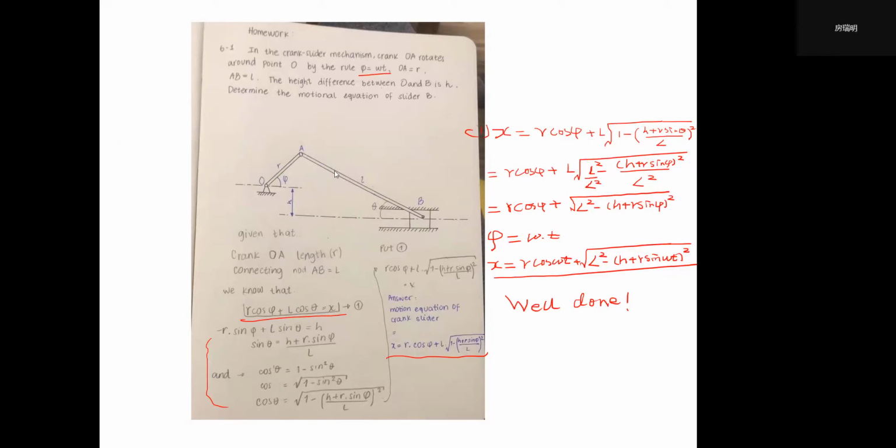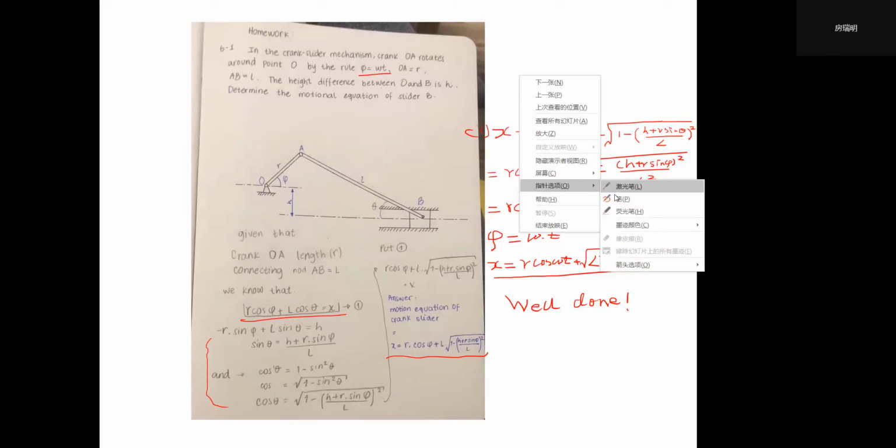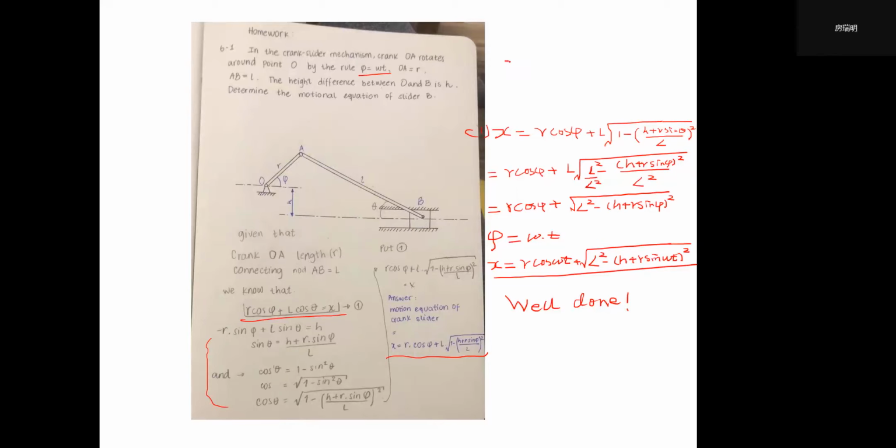But I think she also has a default coordinate system, its origin should also be at point O. So if we try to determine the motion equation of the letter B, I think the meaning is just to find x(t), right? Because the length means from point B to O, right?